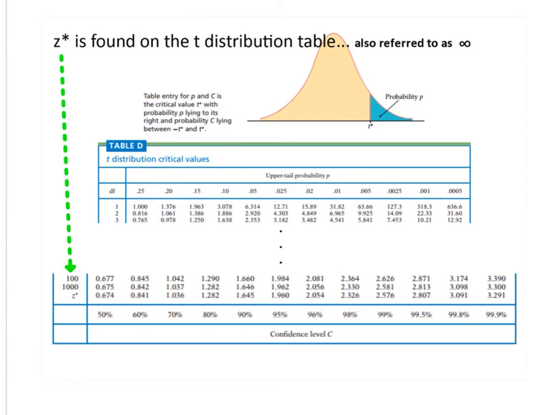So Z star is just one of these numbers. You find it by using the confidence level given to you in the problem. I also have a note that sometimes you'll see it written as infinity at the bottom of a table. The table you got has Z star, but sometimes if you found another table online, it would have infinity.